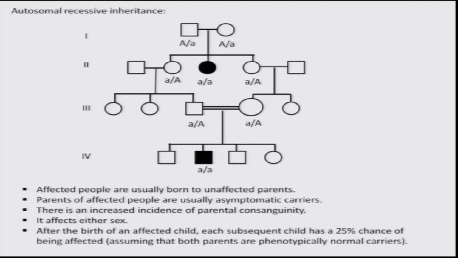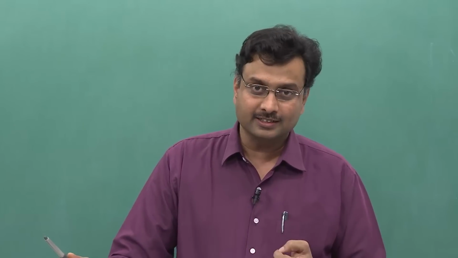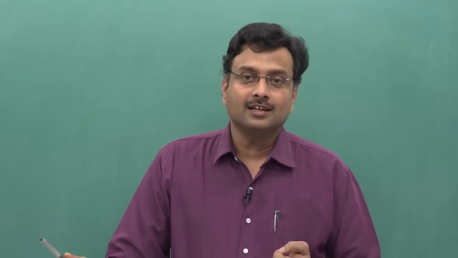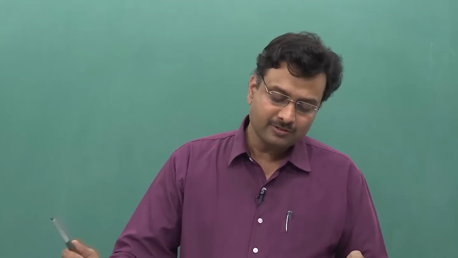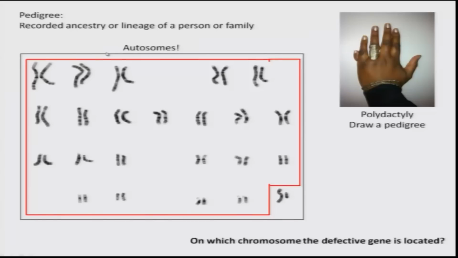So, let us go beyond the autosomes. With this kind of pedigree analysis, you will be able to tell whether a gene or a defect in a given gene results in a dominant or recessive condition, and the gene is located on one of the 22 chromosomes, which you call autosomes, right. But how would a phenotype look if the defective gene is located on this particular pair, which you call sex chromosomes.